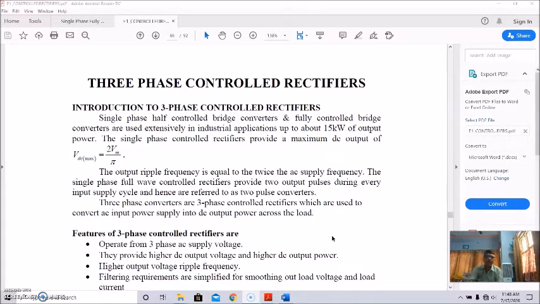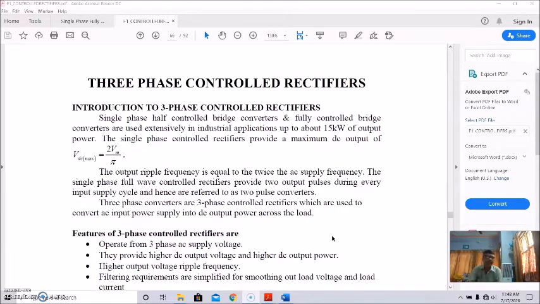So before going into the detailed discussions, we must have a quick introduction of these three-phase control rectifiers. Basically, single-phase half-control bridge converters and full-control bridge converters are used extensively in industrial applications up to about 15 kilowatt of output power.